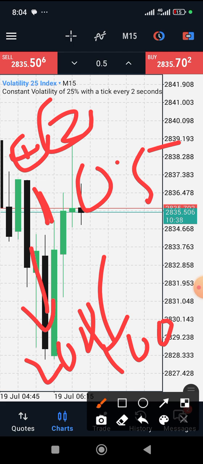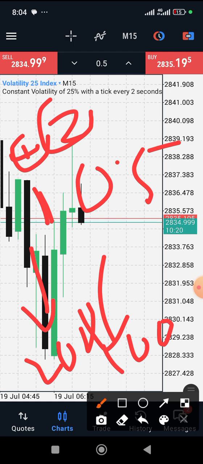If you use one lot size, you'll be risking $4 to make $200.